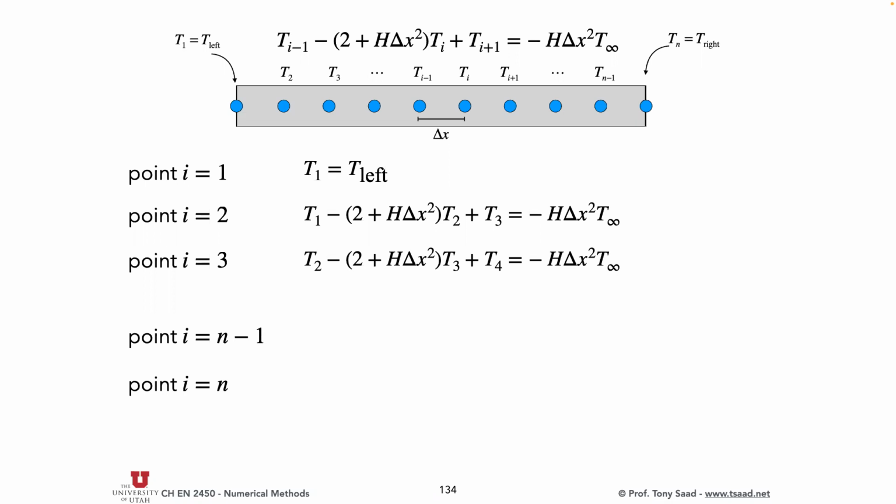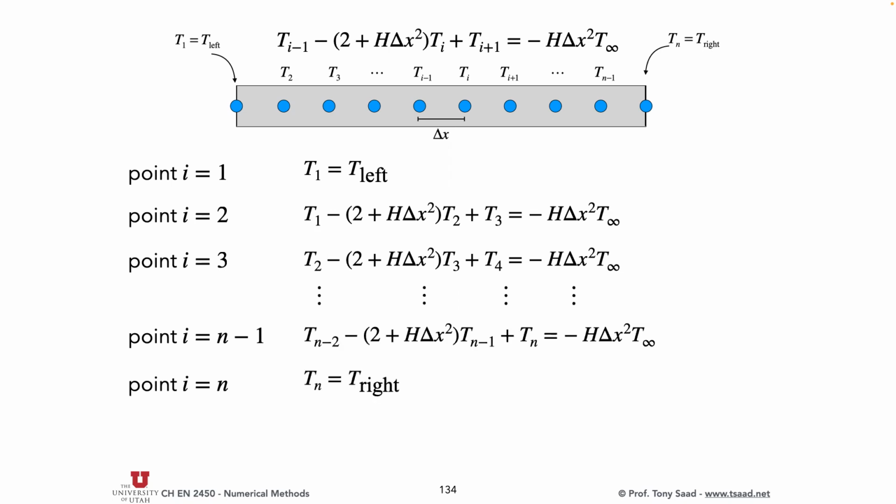So you need an equation for T2 and an equation for T3. At point 3, you get an equation, but you introduce 1 more unknown. So you keep doing that until you reach the end, and you will have as many equations as there are unknowns. You have n equations and n unknowns. That's a system of linear equations.